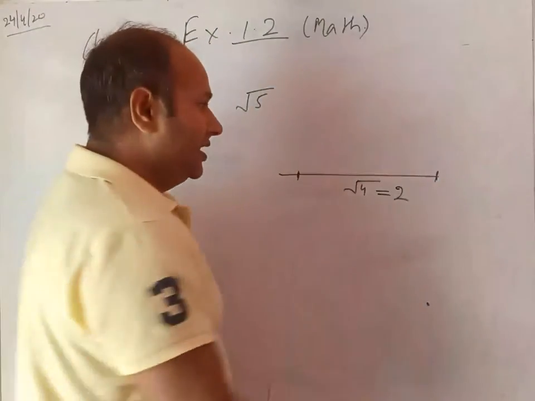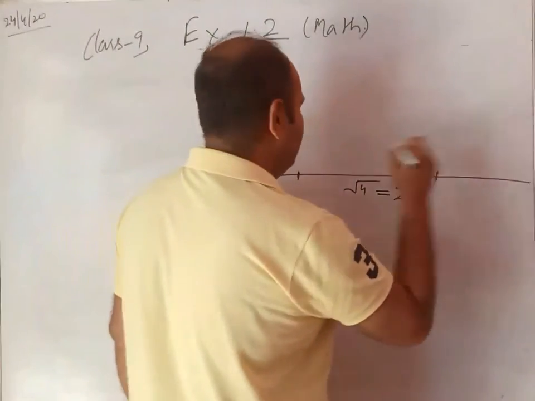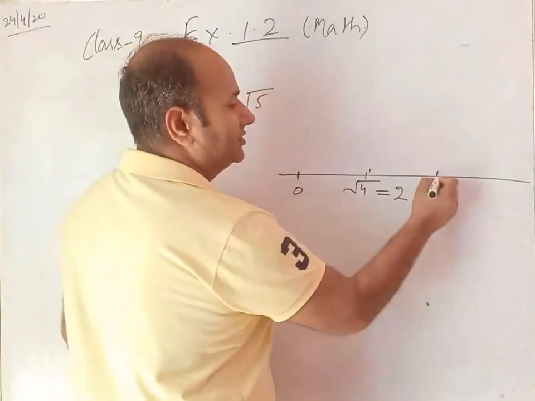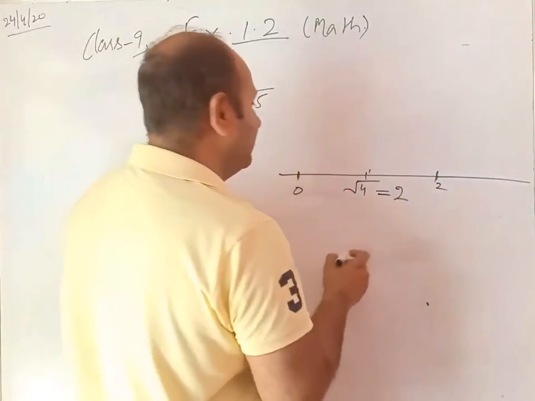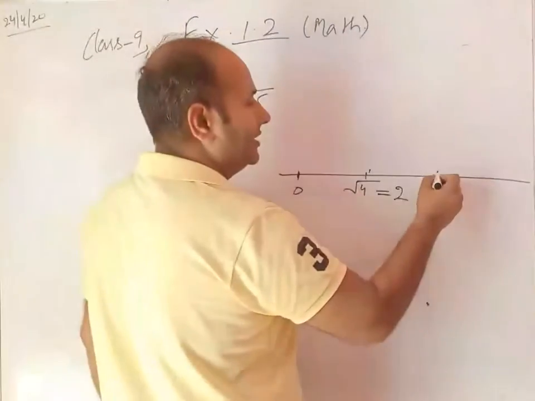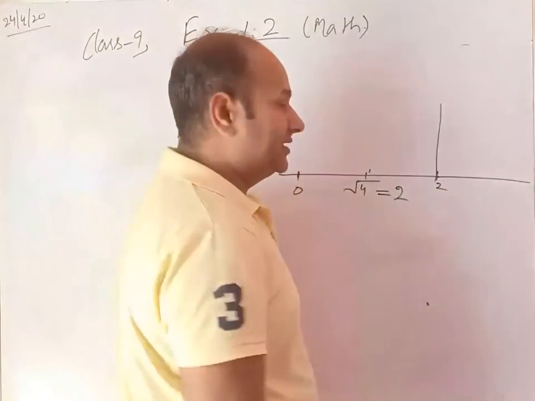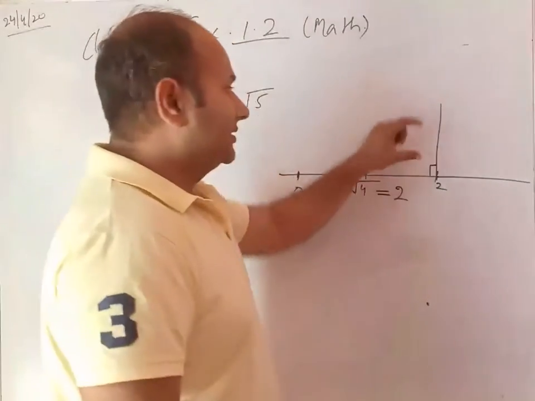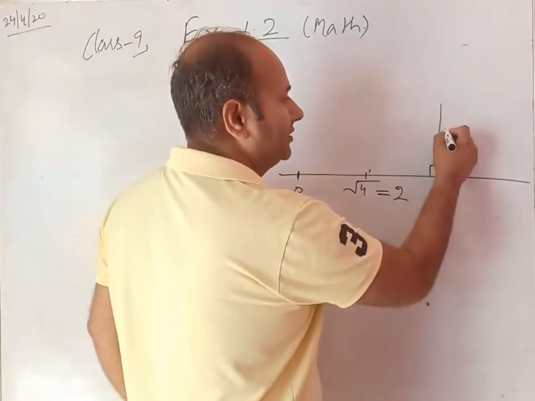Now this is the number line, and I'm starting from 0, then 1, then 2 here. Then I make a straight line perpendicular to this, of unit 1.